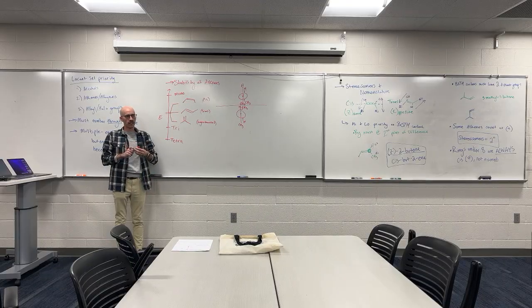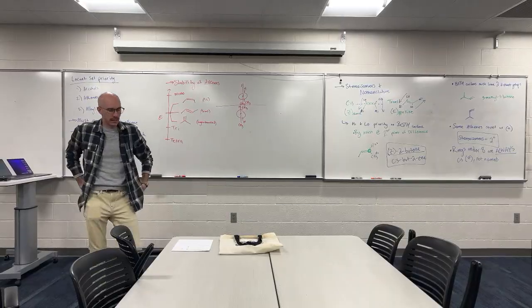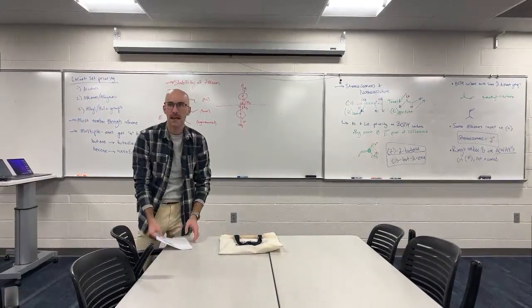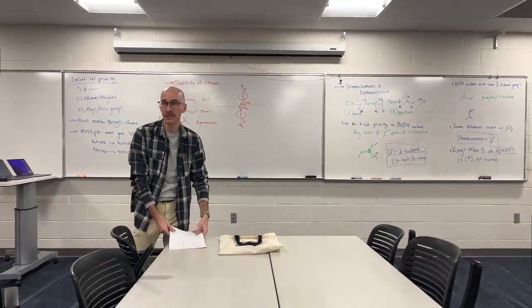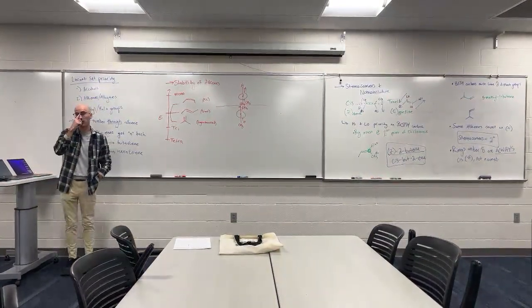All right. When we come back on Wednesday, we're going to move on to the back side of this sheet. We're going to look at how to make alkenes and how to use alkenes in chemical reactions.